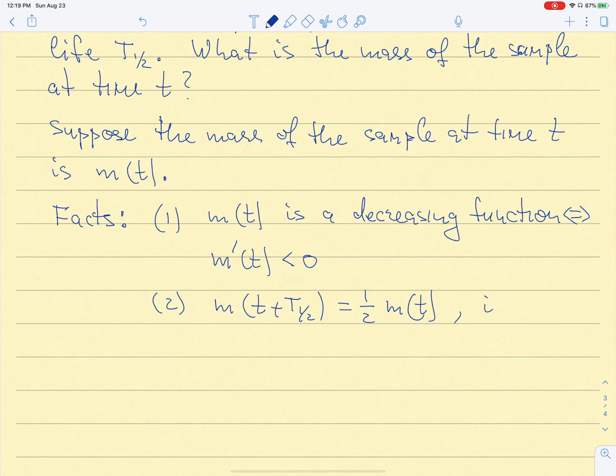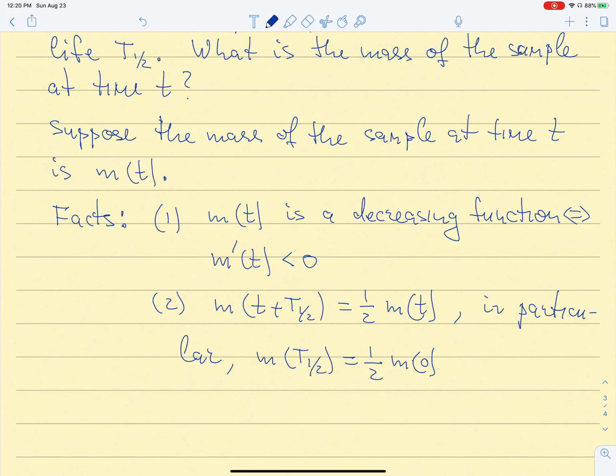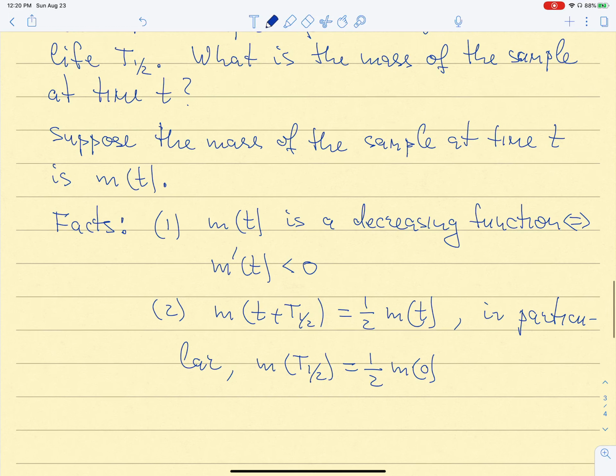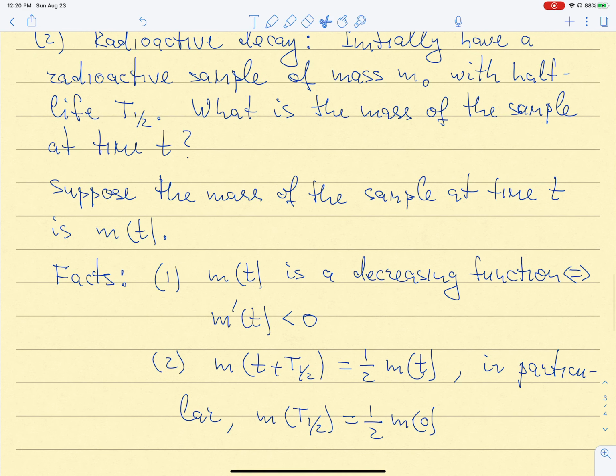So in particular, m of T 1/2, if I start counting at 0, is 1/2 of how much I had at the time 0. And my assumption was that initially we had the mass m0, right?